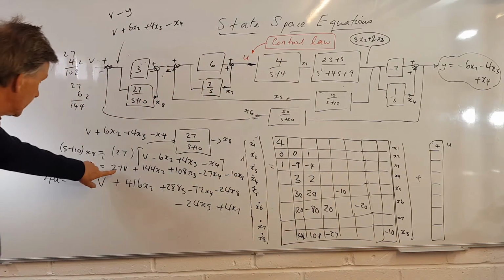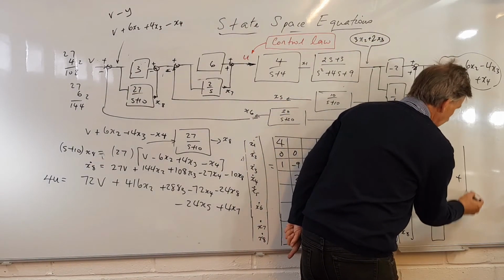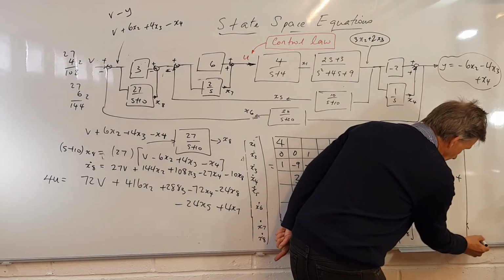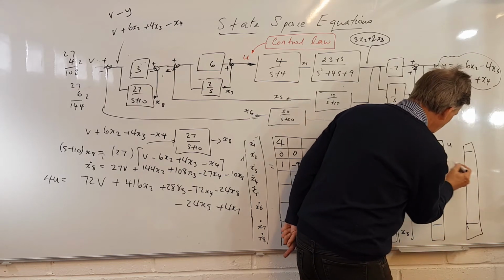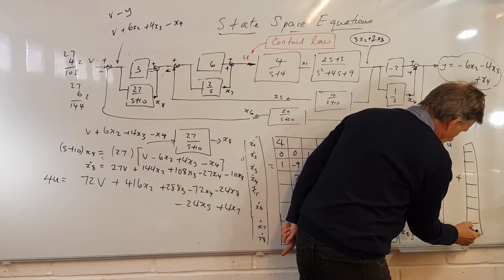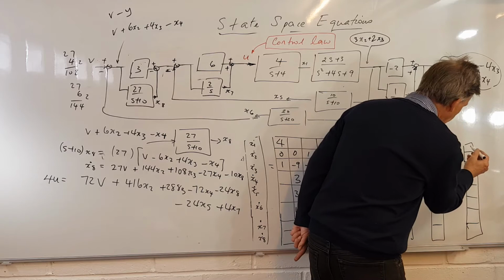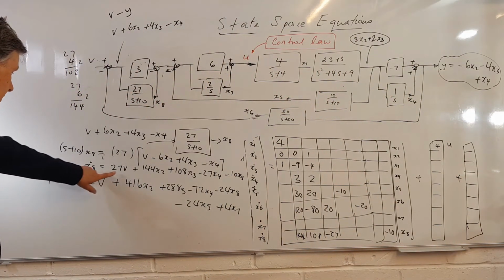And we've also got a 27v, so I have to add in now an extra slot in here. One, two, three, four, five, six, seven, 8. There's our 8 boxes, and we want a 27 here.